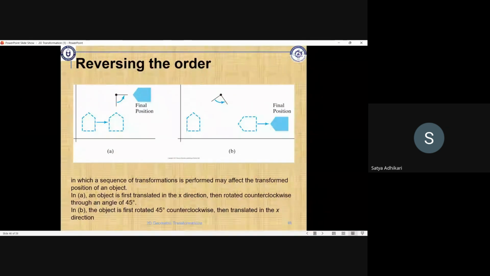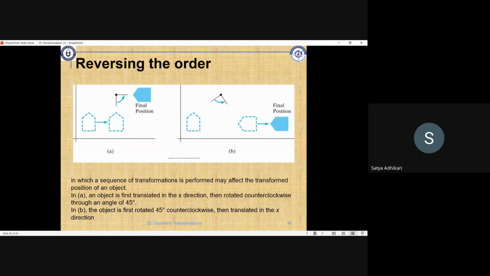The sequence in which transformations are performed may affect the transformed position of the object. In A, the object is first translated in the X direction and then rotated anticlockwise through 45 degrees. So you see the order: first translation, then rotated about 45 degrees anti-clockwise.